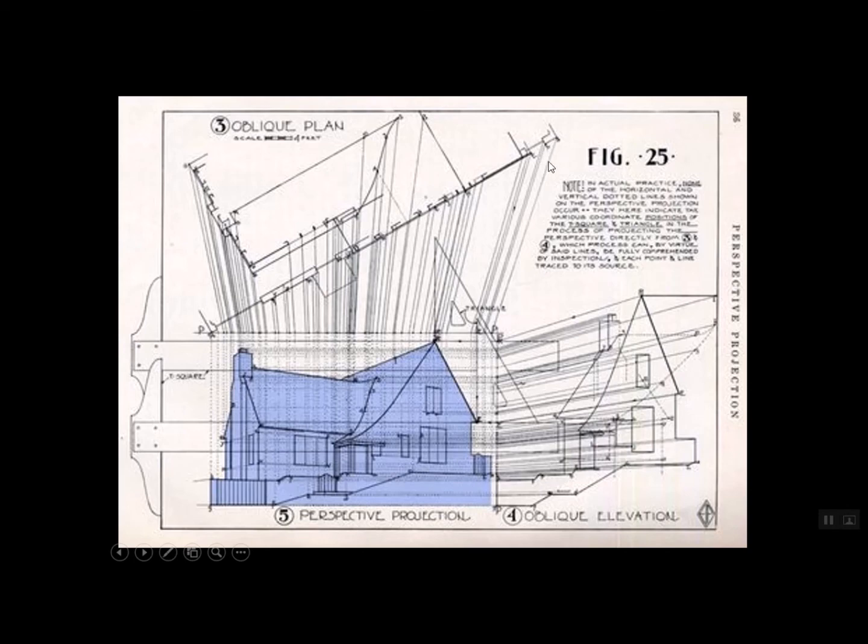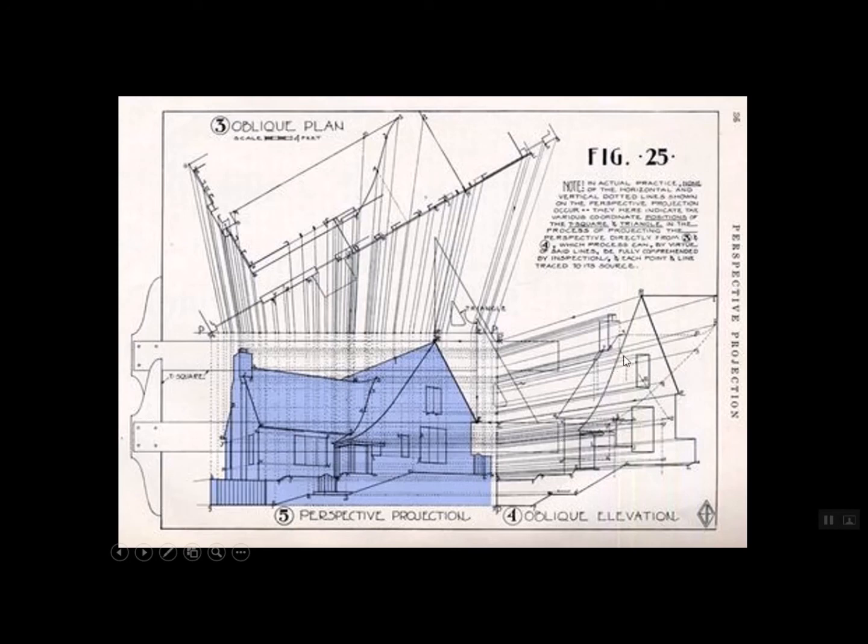Do you see the number of lines that are being projected from all these different corners for windows and doors and the edge of the building in order to figure out, well, where do these lines start and stop and how do they curve? This is a lot of work.